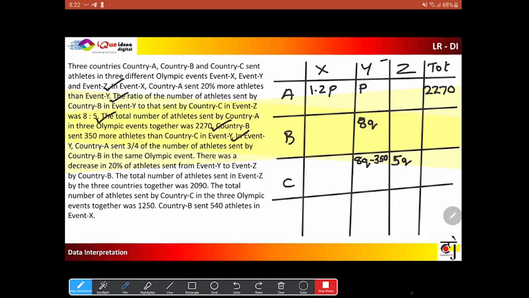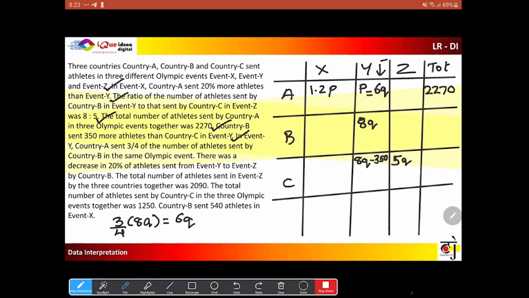Now it says in event Y, country A sent 3/4 the number of athletes sent by country B in the same Olympic event. So in event Y, A has sent 3/4 the number of athletes sent by B. B has sent how many in Y? 8Q. So can I say that 3/4 of 8Q is nothing but 6Q? So can I say the value of P will be the same as the value of 6Q?